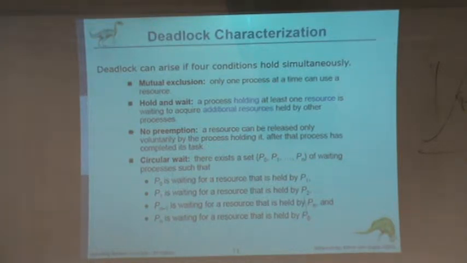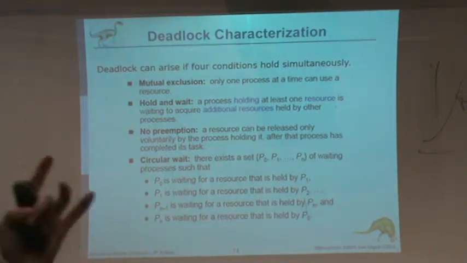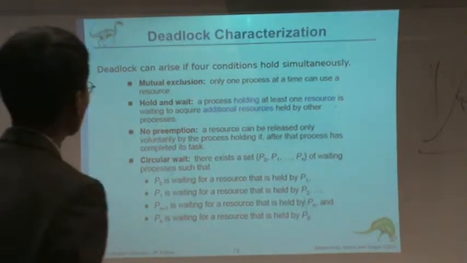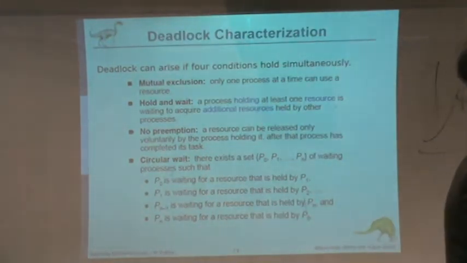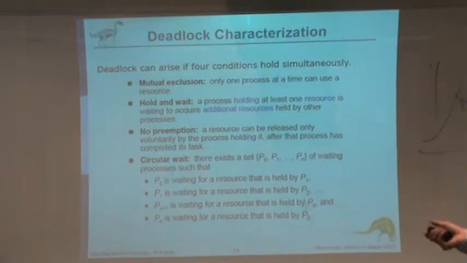There's no deadlock, no matter how many processes request that resource, because you can allow them. So mutual exclusion means only one process can take the resource. If you have multiple instances, that means one instance of the resource. That is mutual exclusion.